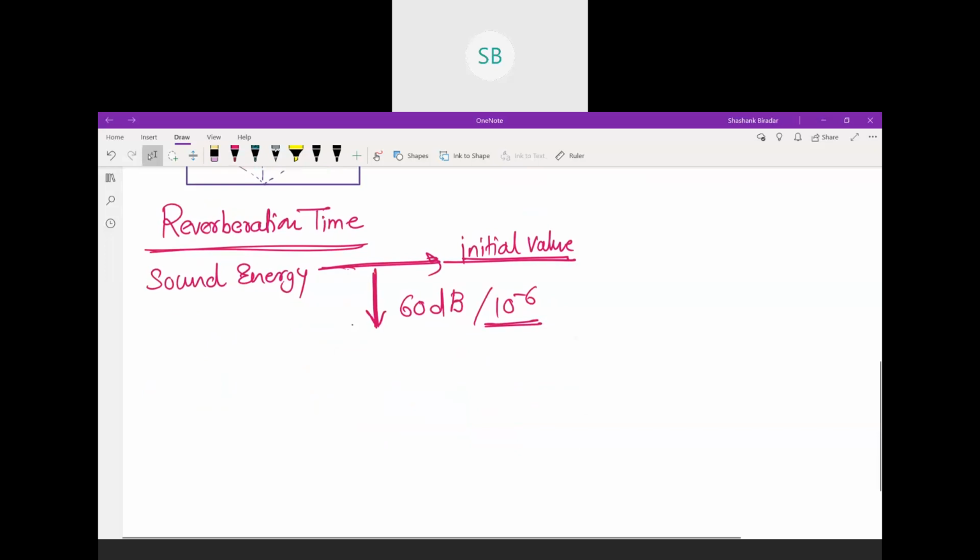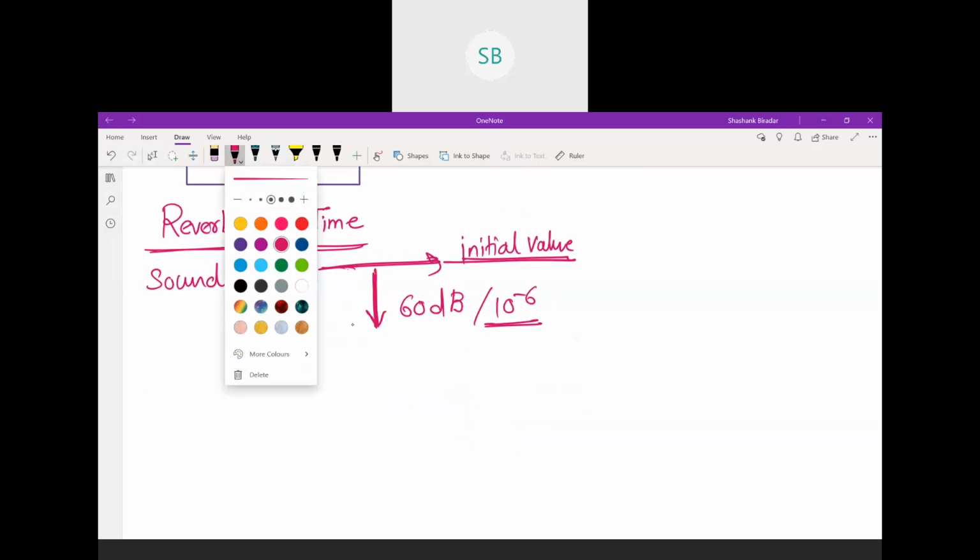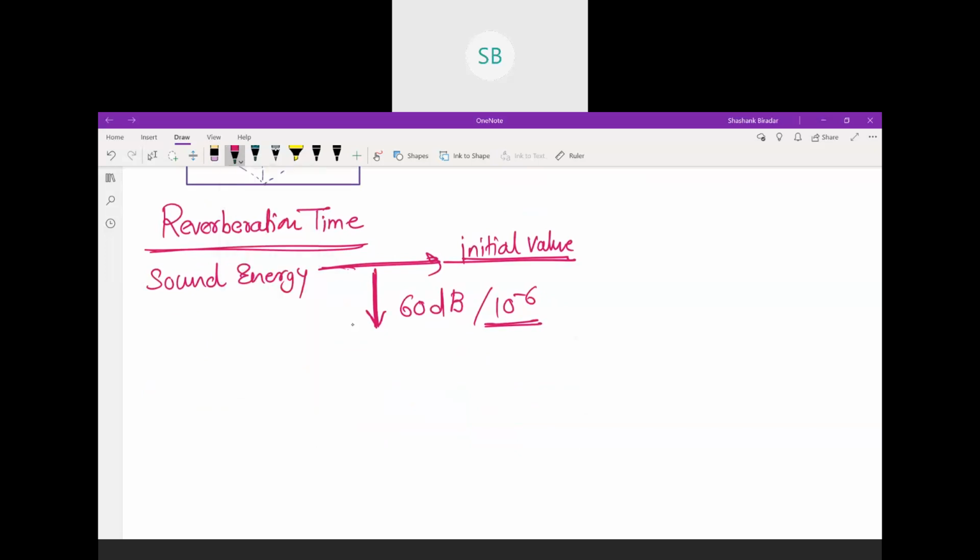Now this reverberation time depends on various factors. So what are the factors on which this reverberation time depends, that we will see. This reverberation time, capital T, depends on, number one, the volume of the enclosed structure. The second, the surface area.